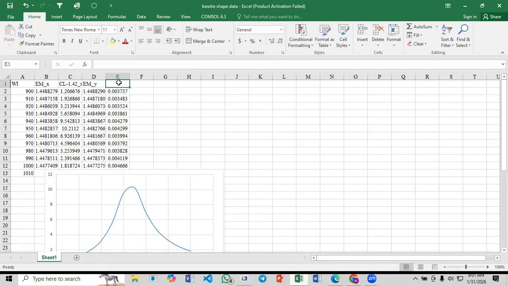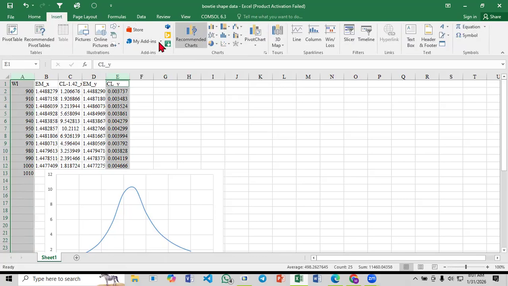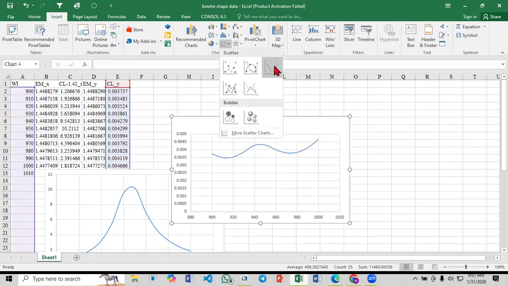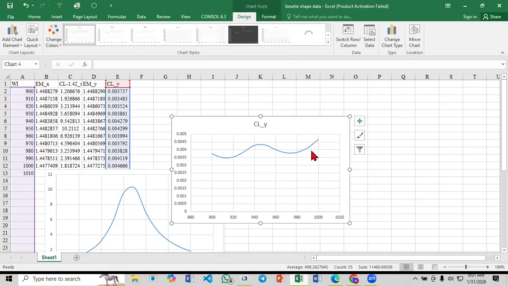This is the confinement loss for Y, right? From wavelength, confinement loss, insert. There you go. This is the curve of vaporized light. It's not that much good.